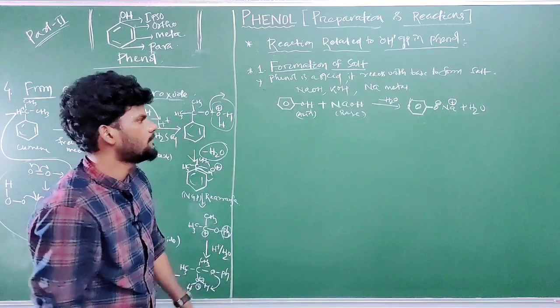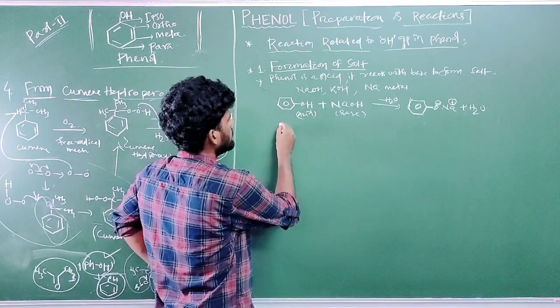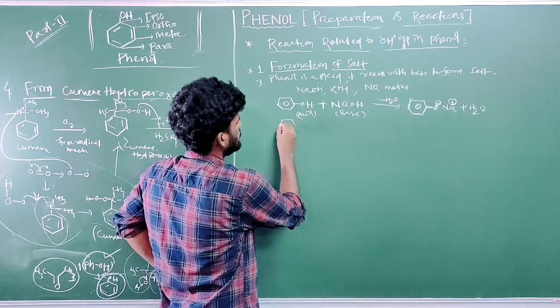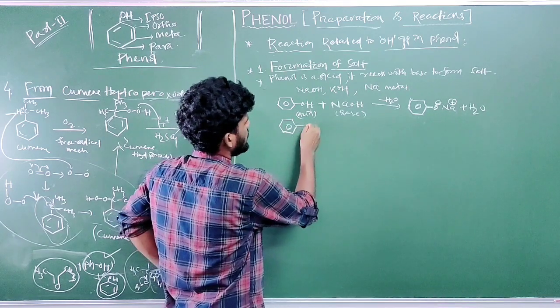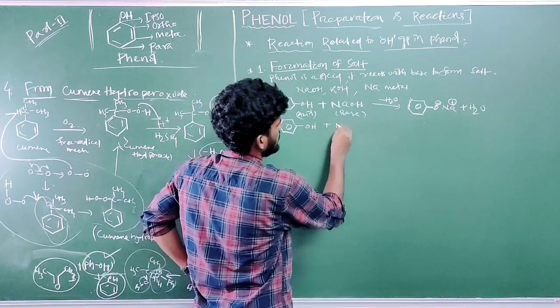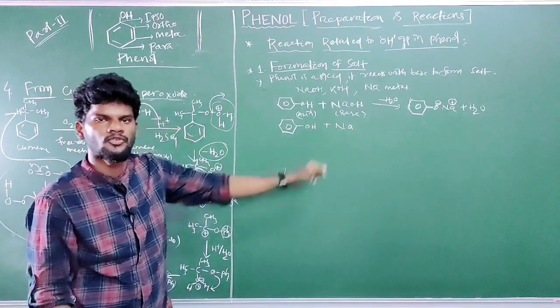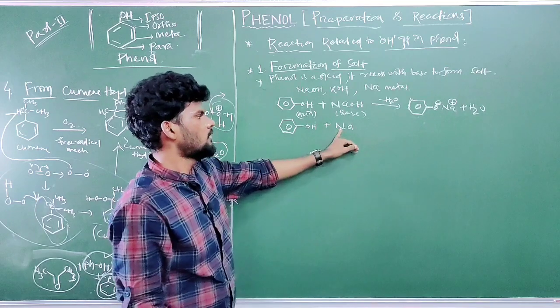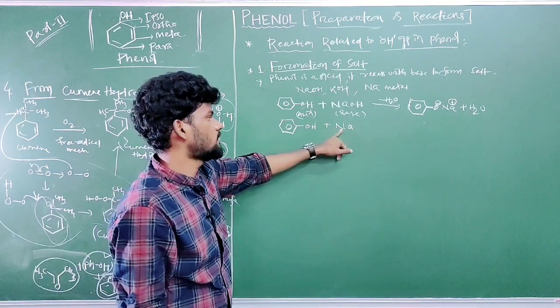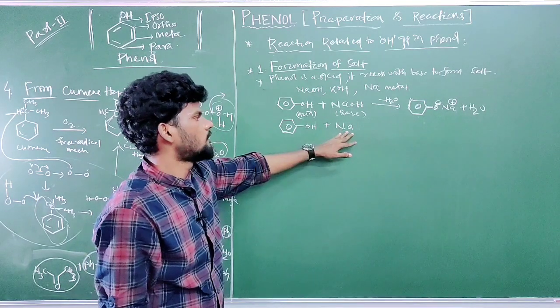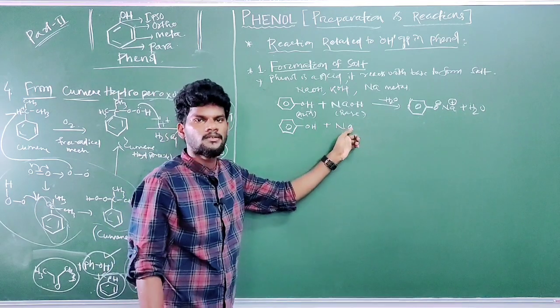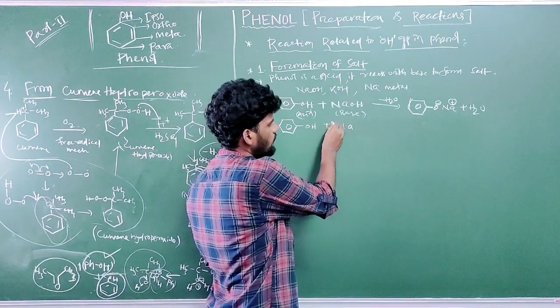Similarly, in other reactions, if phenol reacts with sodium metal, the electron configuration of sodium is 3s1, a single electron in the outer orbital. For bond formation it needs 2 electrons, so we should take 2 moles of sodium.